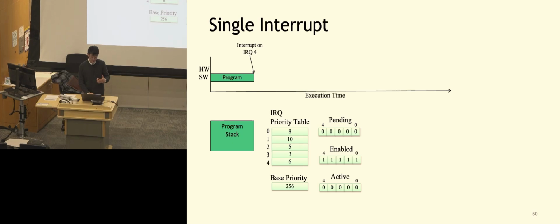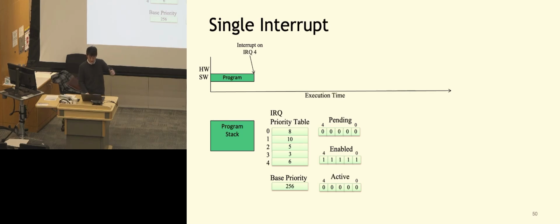And the base priority here is set to 256. The reason for that is that's what the ARM architecture gives us, the lowest priority you could have inside any ARM system. We set that as the base priority so that any interrupt that happens will be able to interrupt the current program. So this is the beginning. Does this setup make sense to everyone?